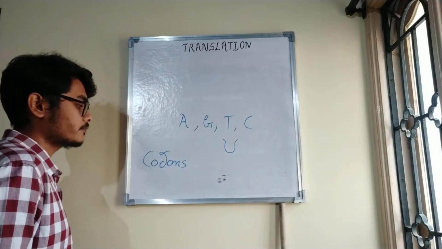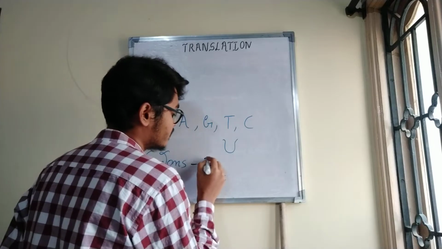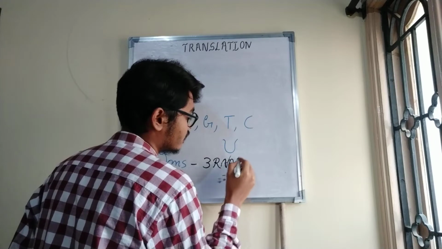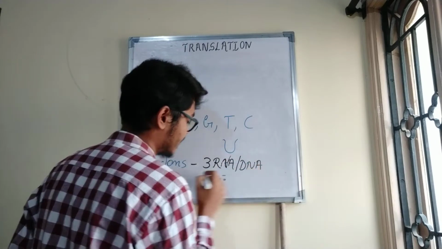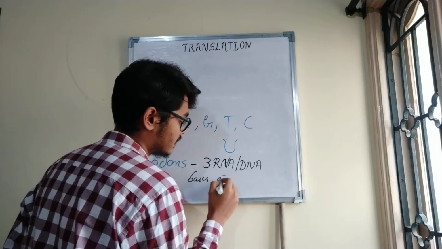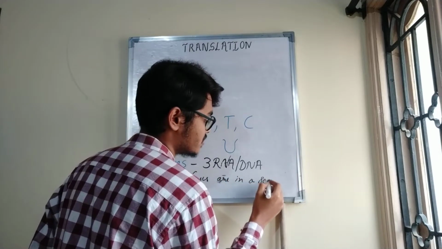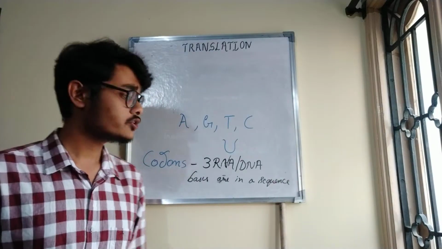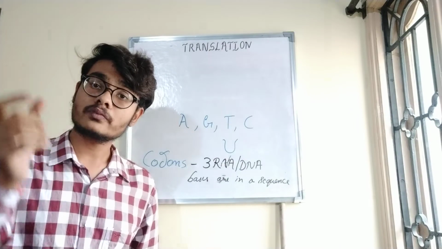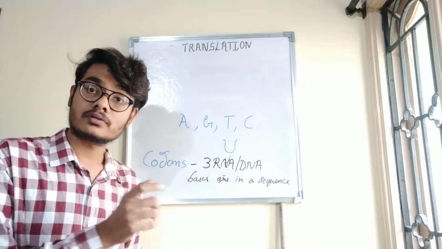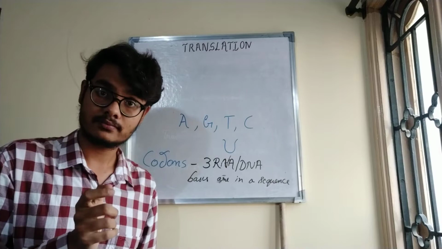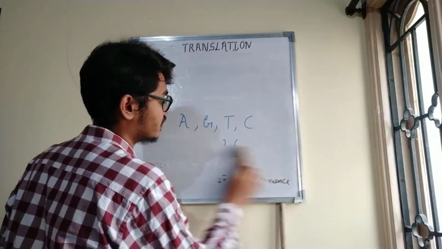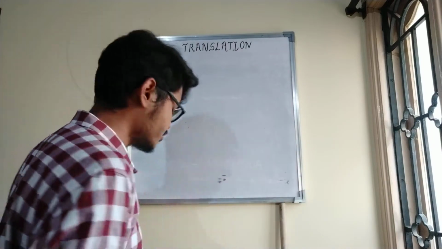Codons are nothing but when 3 RNA or DNA bases are in a sequence, we call it codons. So the ribosome can read codons, the bases which are in a sequence, not the individual bases. So this is all about gene expression.